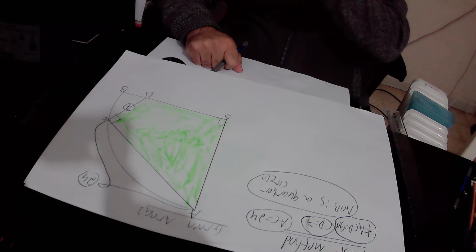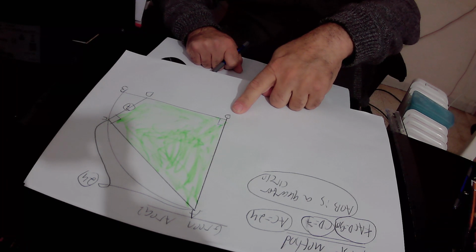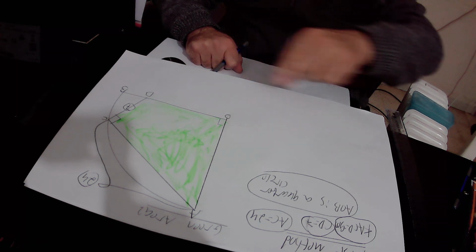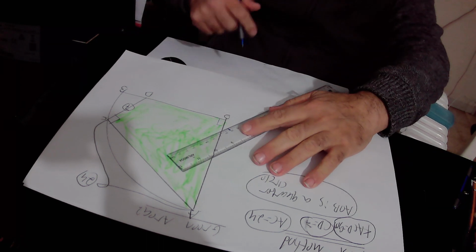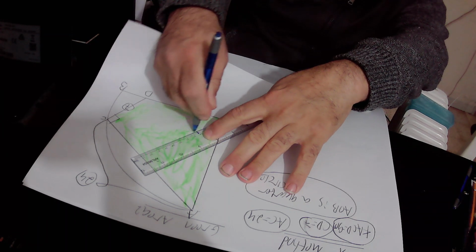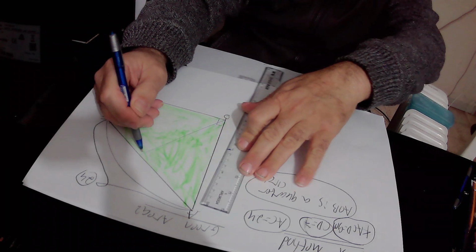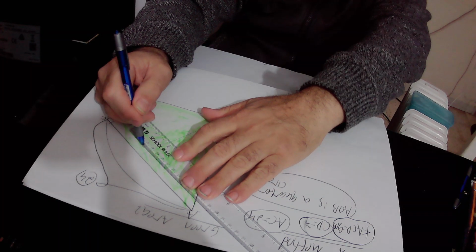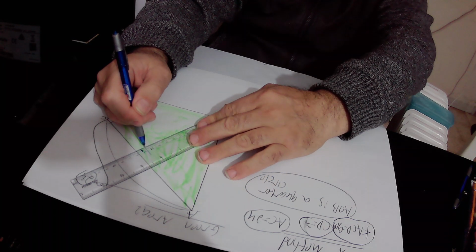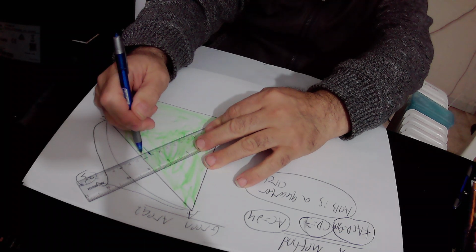So from the center of the circle, that is to say from point O, we draw a perpendicular on chord AC. So this angle equals 90 degrees, and this angle equals 90 degrees according to our construction.